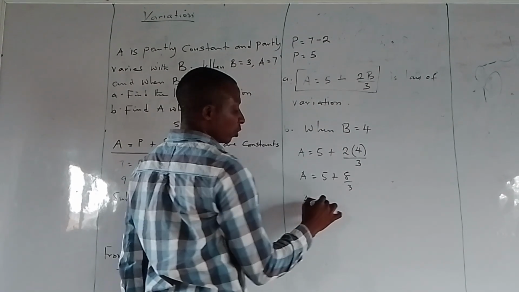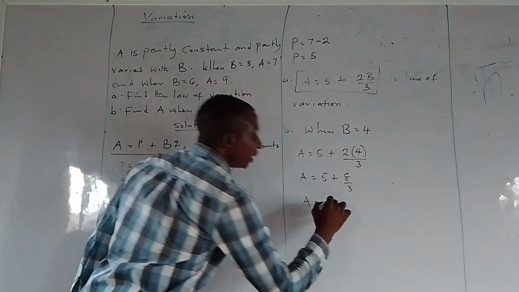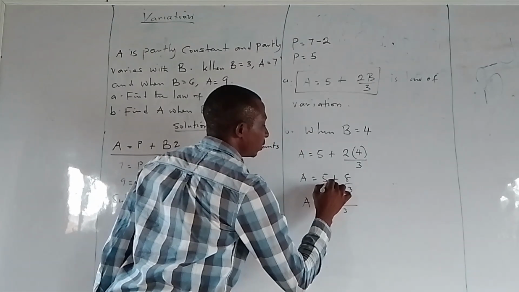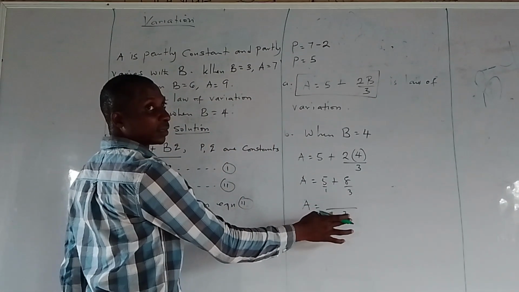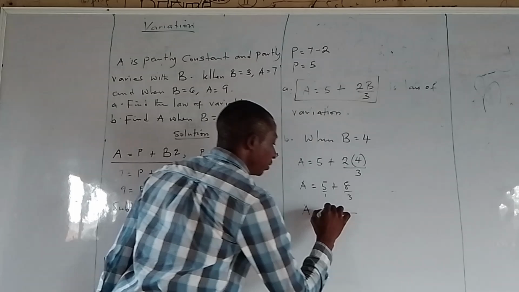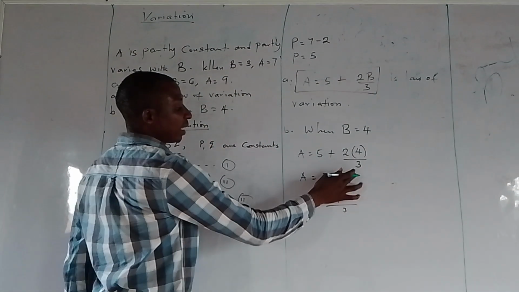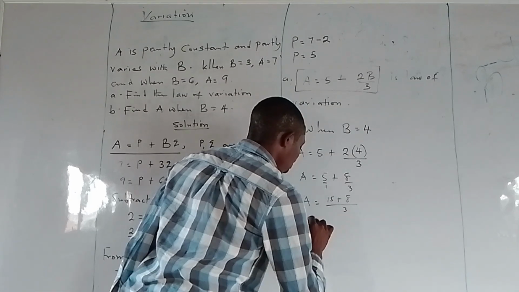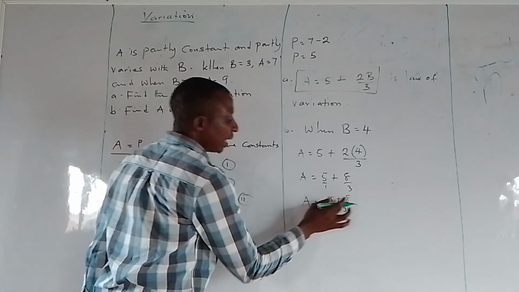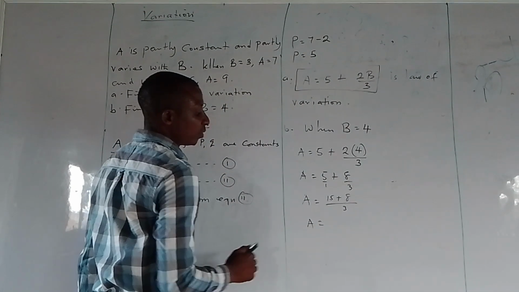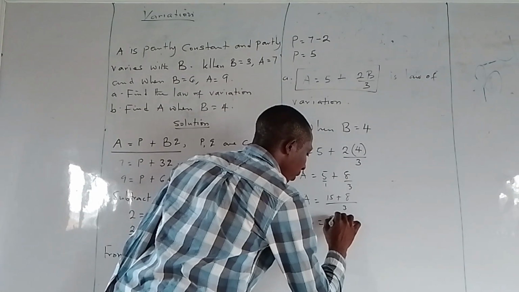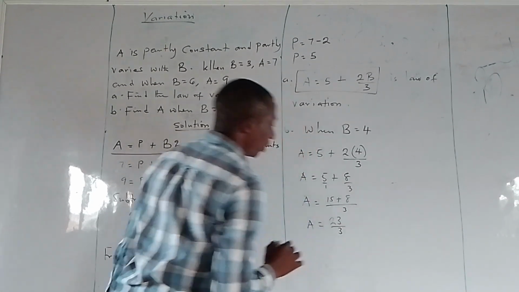So A equals, now what's the LCM? 3. 3 goes into 3 once, 1 times 5 is 5... that is, 3 times 5 is 15, plus 3 goes into 3, 1, 1 times 8 is 8. So we add this and this together, and that gives you 23 over 3.